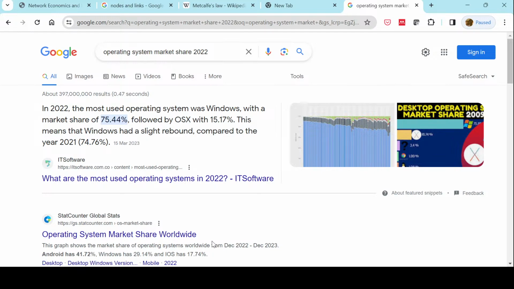Maybe at a computer center, and only there, a few, not many, Apple, but mostly, all over the world, the whole world is using 75% Microsoft Windows, followed by iOS 15. And this means that Windows has a slight rebound compared to before.